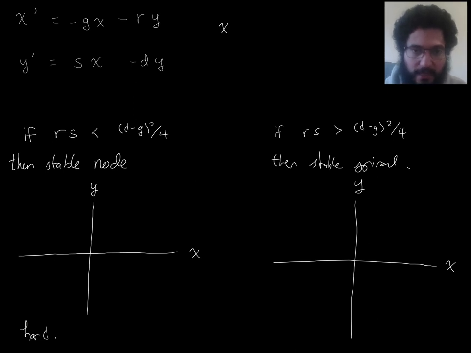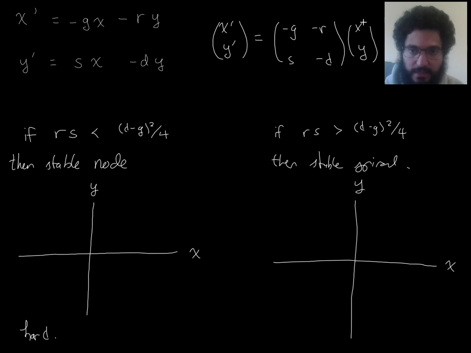So like x prime, y prime, that's a velocity vector for a trajectory in the xy space, right? And the differential equation is prescribing that if your trajectory happens to be at the point xy, then its velocity should be this.